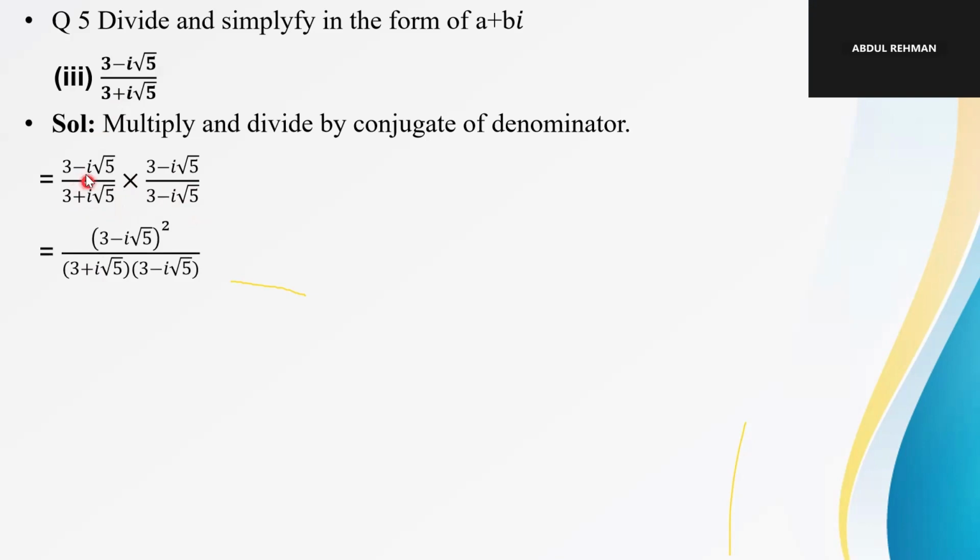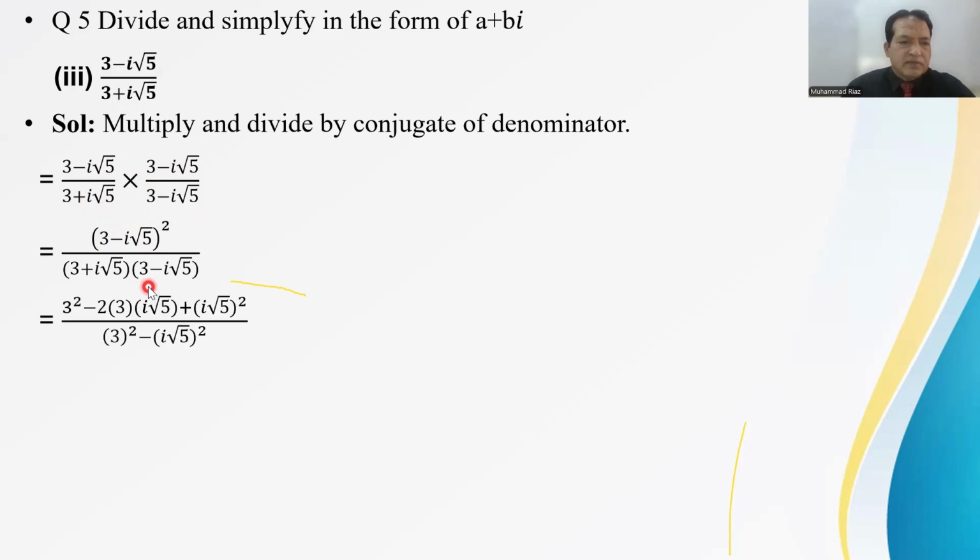In the next step, the values in the numerator are multiplied with each other, and because they are the same, 3 minus iota under root 5 and 3 minus iota under root 5, we write it as a whole square: 3 minus iota under root 5 whole square. In the denominator we have 3 plus iota under root 5 multiplied by 3 minus iota under root 5, and now we use the third algebraic identity.